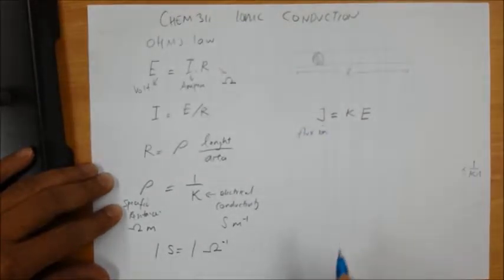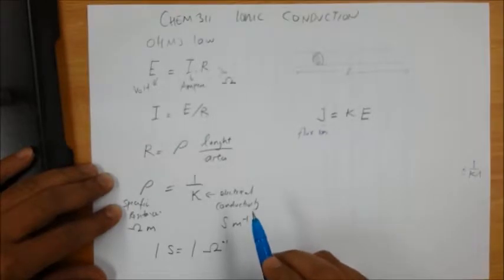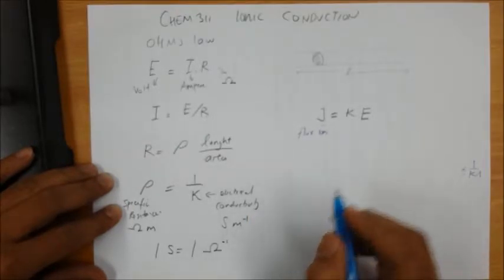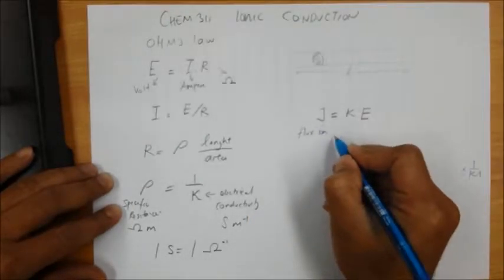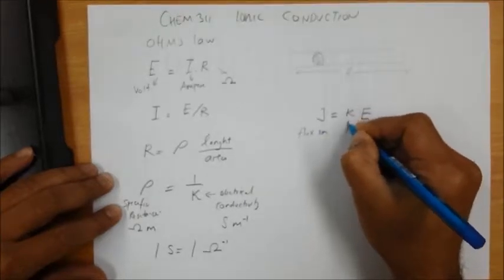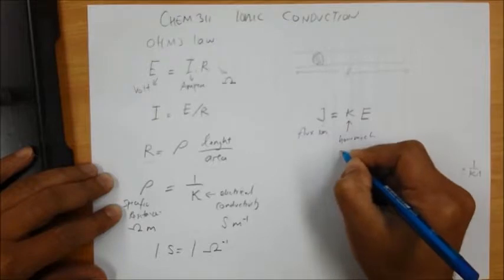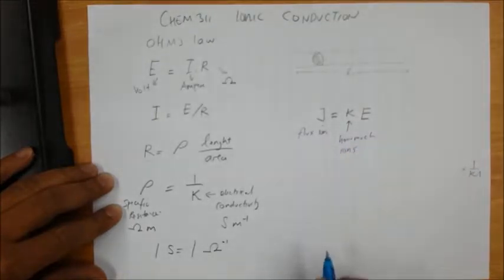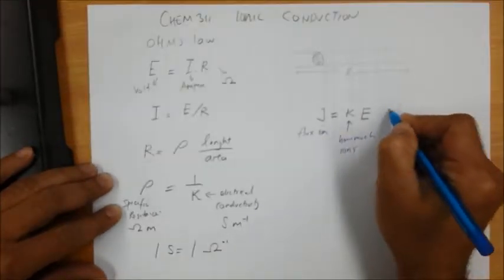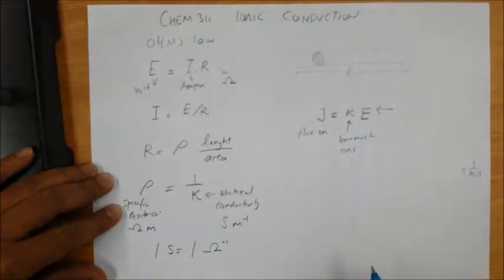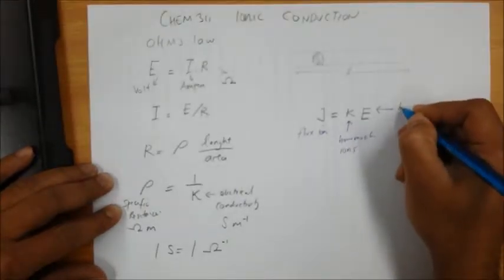Now we're focusing our discussion on ions in solutions in an electrolyte system. So the movement of flux of ion is equal to how much ions we have in the system and how big the potential difference.